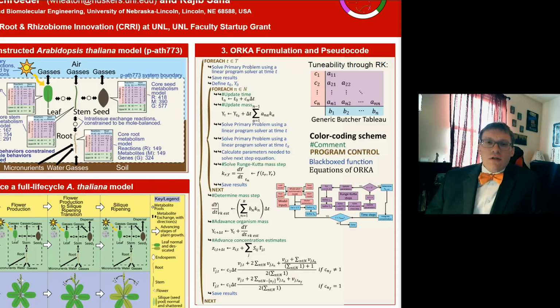One thing I would particularly like to note about the ORKA method, which we developed, is that we can substitute in several different kinds of Runge-Kutta methods. While there are a few caveats, this would allow us to tune the numerical accuracy, stability, and tractability of any system to which we apply the ORKA method.